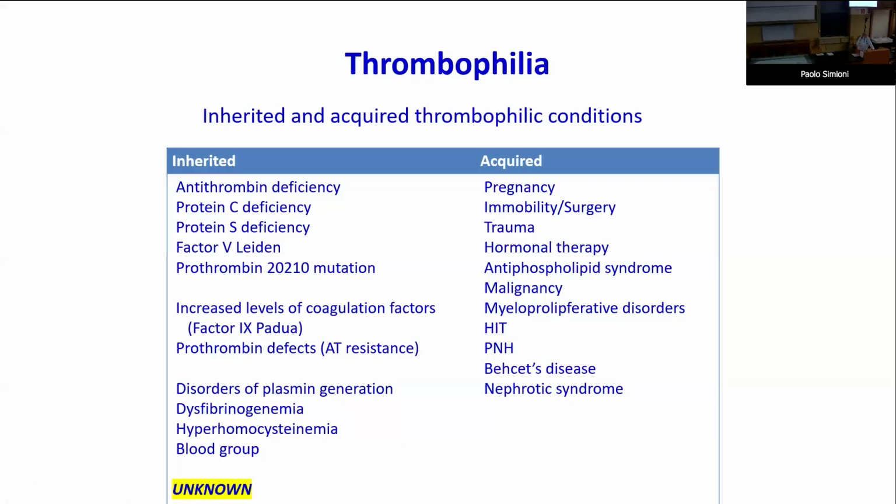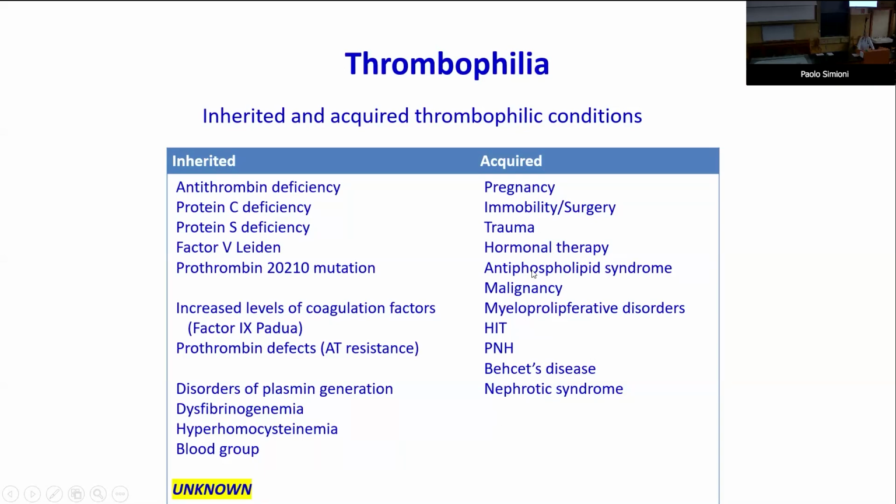Sometimes you hear about some young lady who is taking oral contraceptives and develops a pulmonary embolism or thrombosis, or sometimes they can die because of that. So it's something very, very serious to be taken into account.